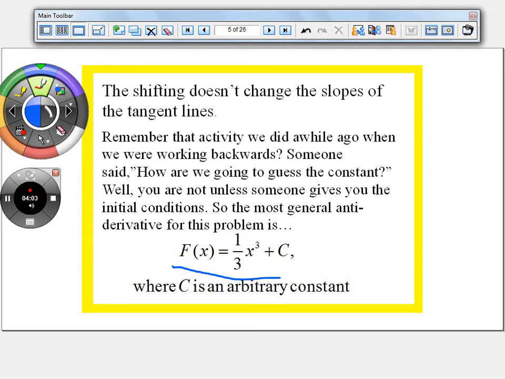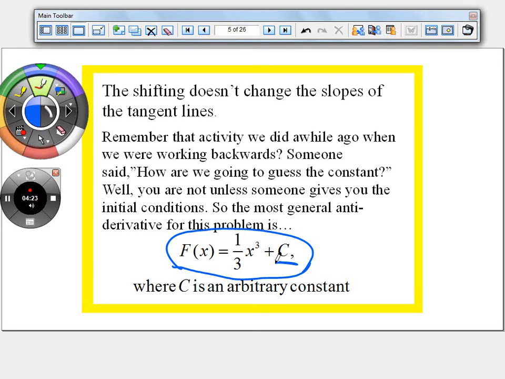So what we're going to do is have this arbitrary c every time we find the antiderivative. We're going to have this arbitrary constant, because it's possible that the antiderivative has some constant here, and we don't necessarily know what it's going to be, so we're just going to leave it as this generic c.